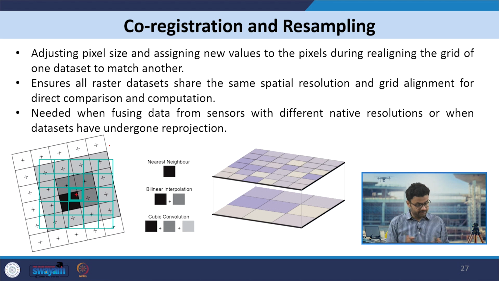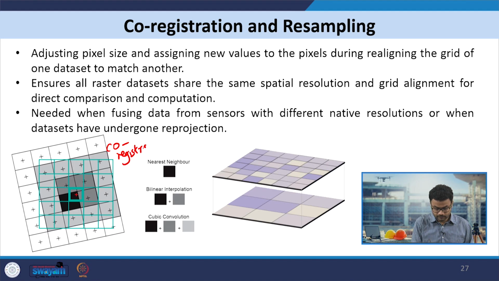For example, in the left image, we can see an example of co-registration, in which there are two image datasets, but their grids are not aligned with respect to each other, which can be fixed through co-registration.